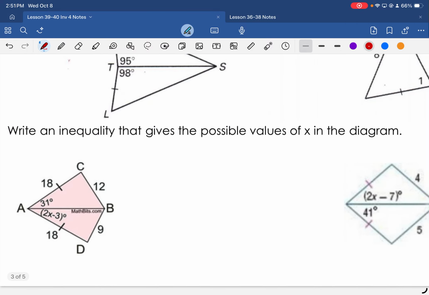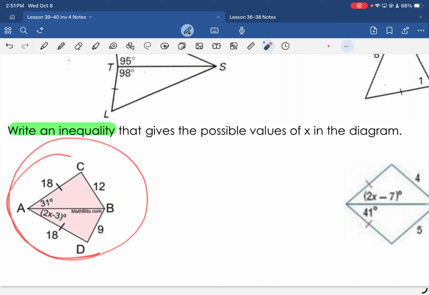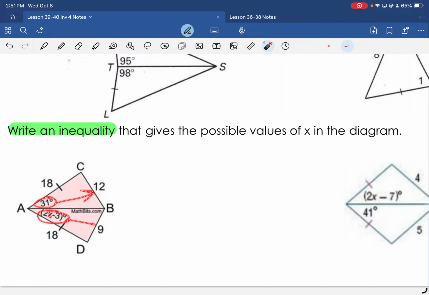Okay, now this one wants us to write an inequality. So take a look at this one right here. Do you see how they gave us these values? Which one's going to be more, the 31 or the 2x minus 3 if we look at their opposite sides? 31. Yes, thank you.